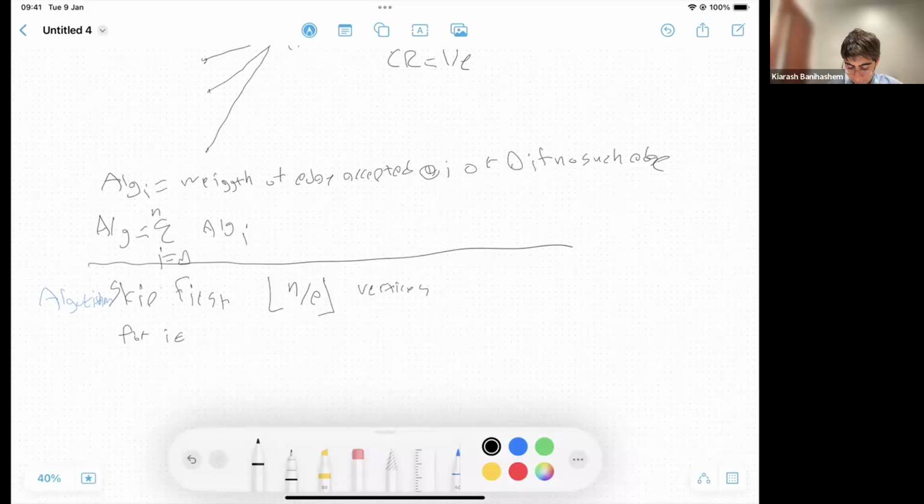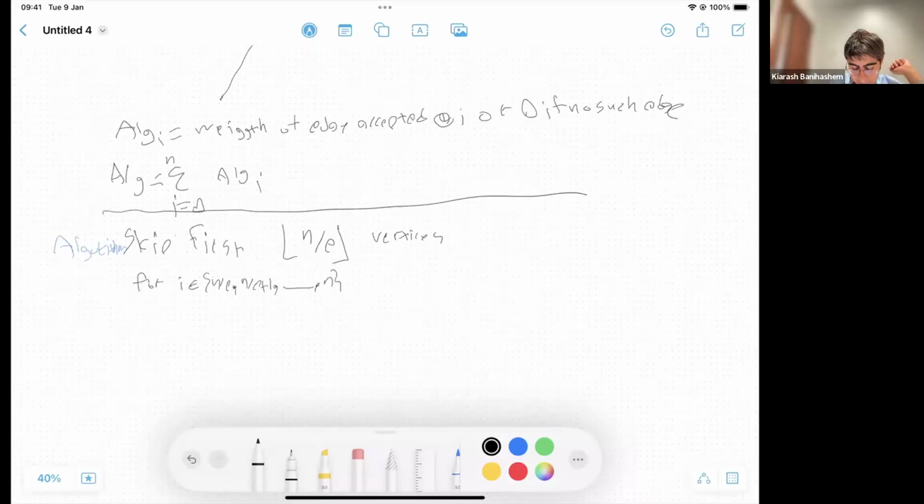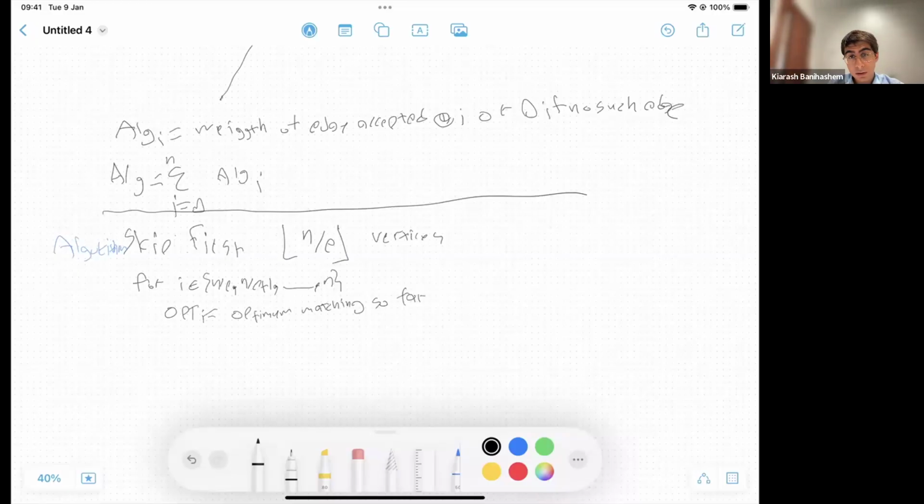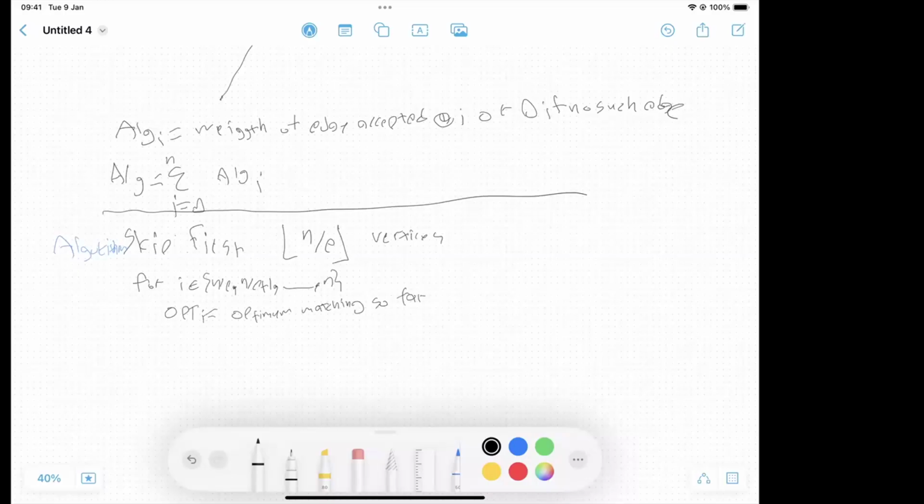Then for I in n over e plus 1 to n, after I've skipped the first n over e vertices, at time I, what I do is I calculate opt of I, the optimum matching so far. Sorry, are there any questions? Okay, no. So I calculate the optimum matching so far.